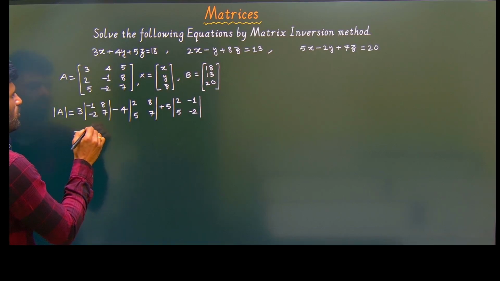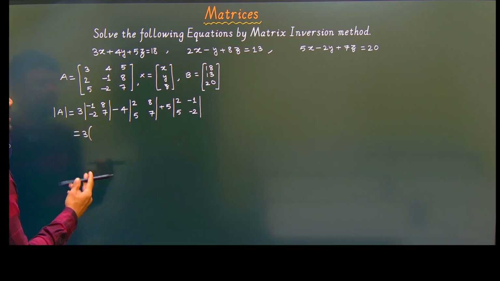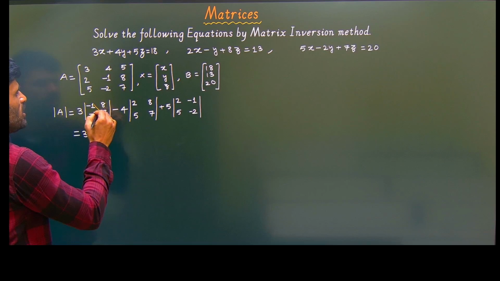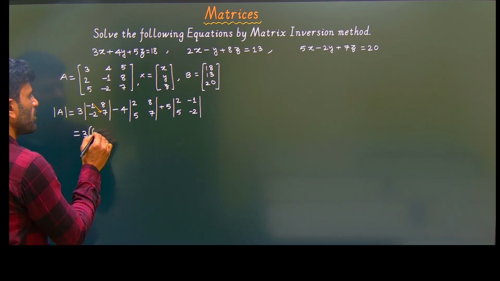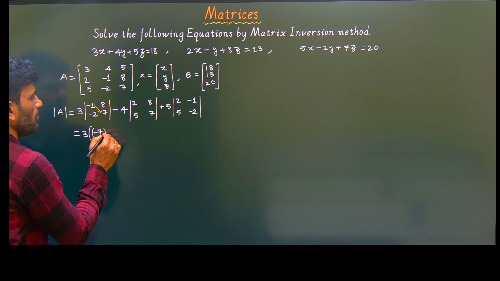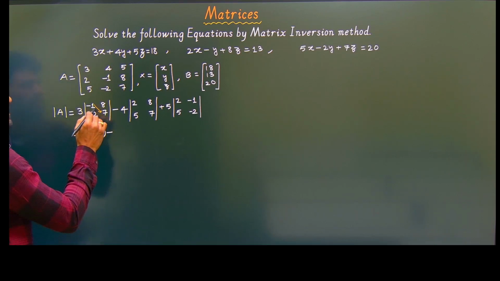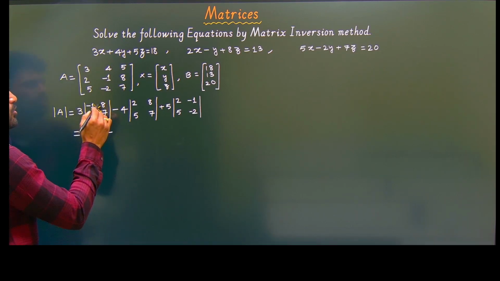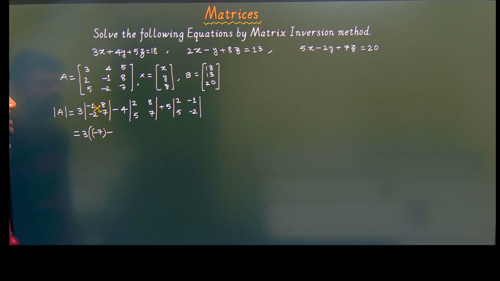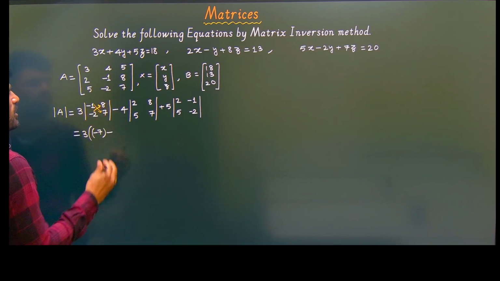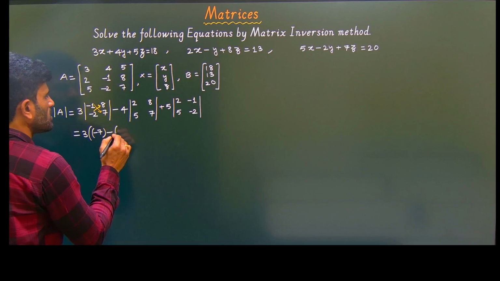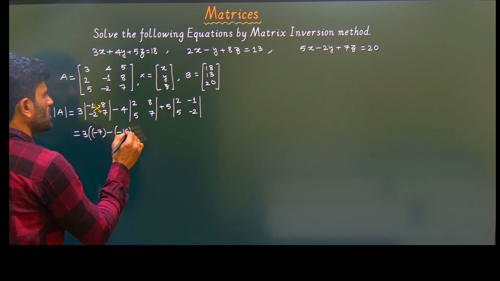Now we have to do the calculation. 3 into, what should be done? Minus 1 should be multiplied by 7, so it becomes minus 7. And then we multiply minus 2 by 8, which gives minus 16. So it is minus of minus 16.